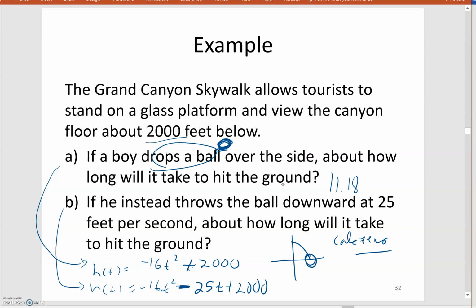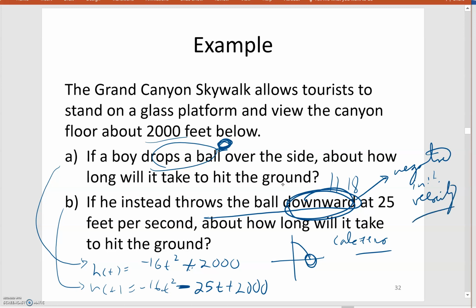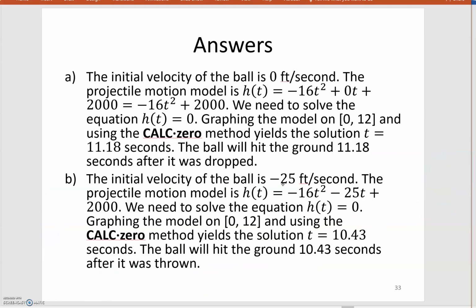Now it's minus because I'm throwing the ball down. So that's a negative initial velocity. Be careful about that. Remember to pay attention to that and act accordingly. So this would be the function. We'd enter negative 16t squared minus 25t plus 2000.